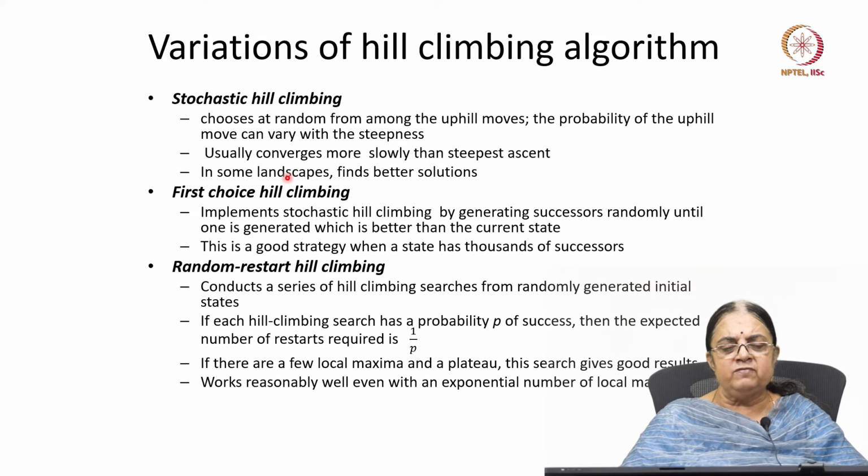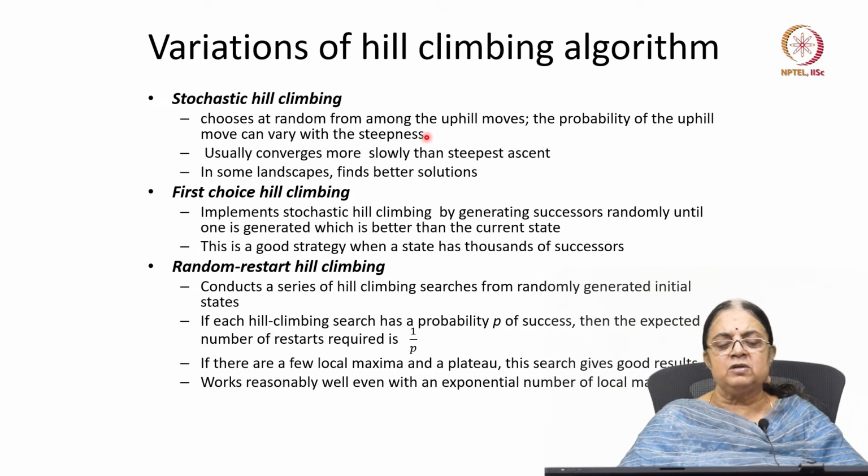Okay, so there are some variations to this algorithm which are used to get better solutions. The first one is what is called stochastic hill climbing. Suppose there are a number of uphill moves that are possible. The probability of these moves will vary depending on the steepness.